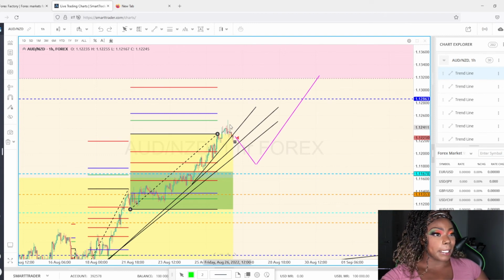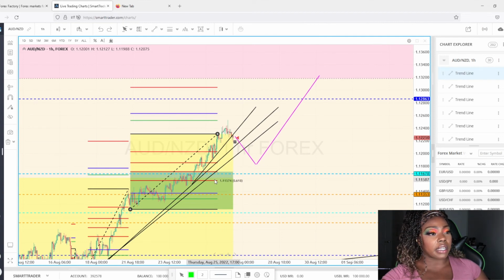Yeah, so we've already got a reversal here, so I feel like price is going to come back down and retest this support line, because past resistance becomes future support. Since we've already broken through this level, I'm waiting for price to come back, retest it, at least get close somewhere in here.